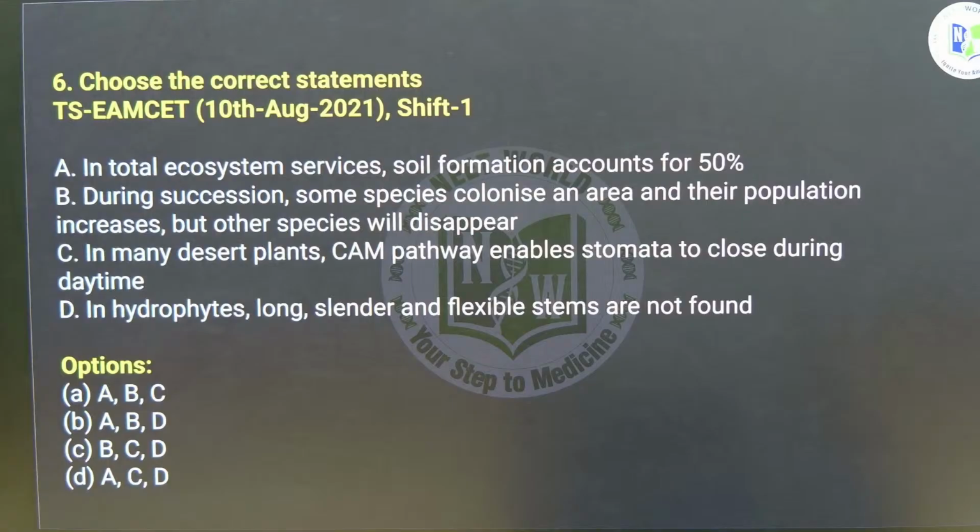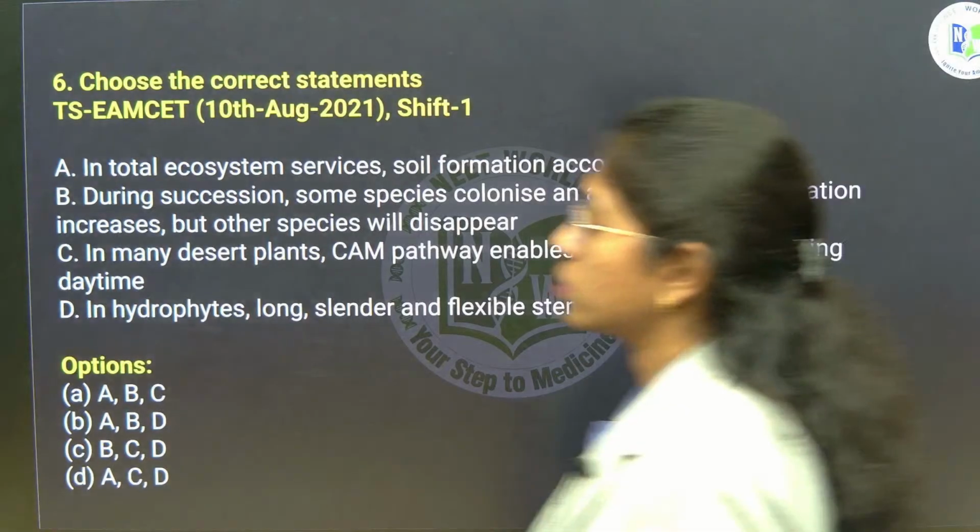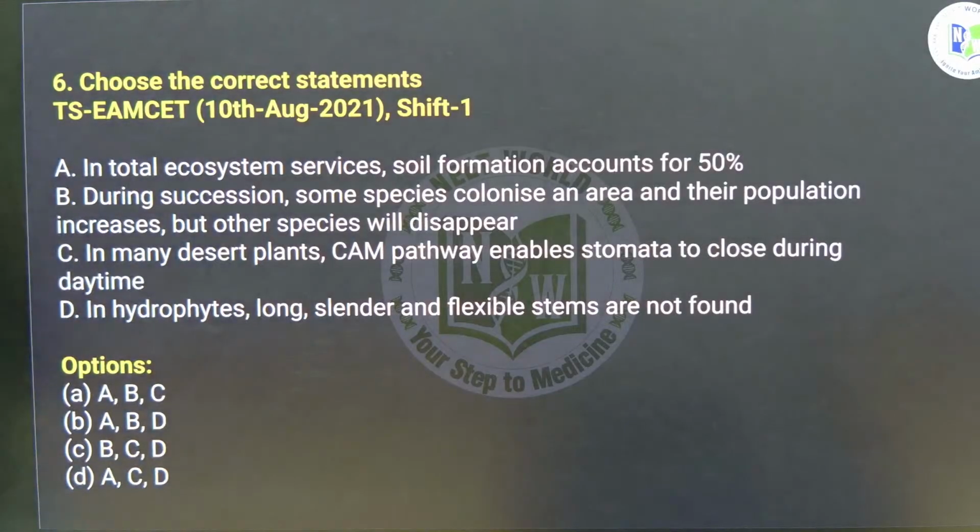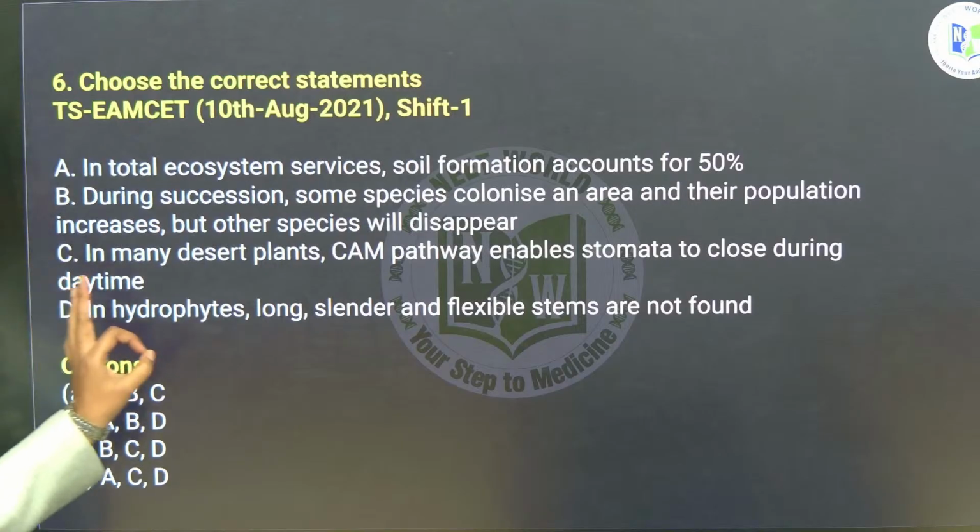look at this statement based question. Choose the correct statements. In total ecosystem services, soil formation accounts 50%. Look at the second statement.